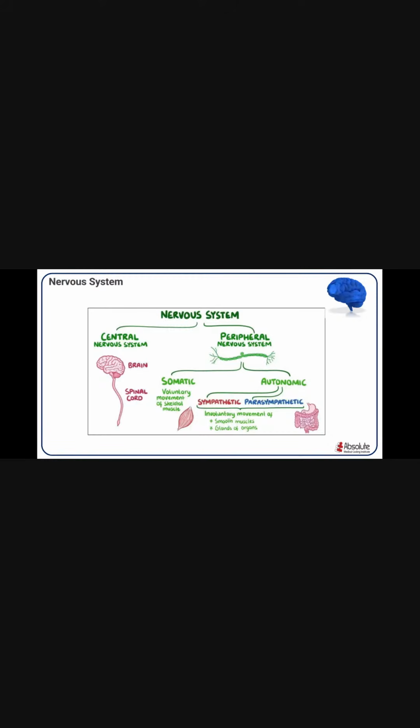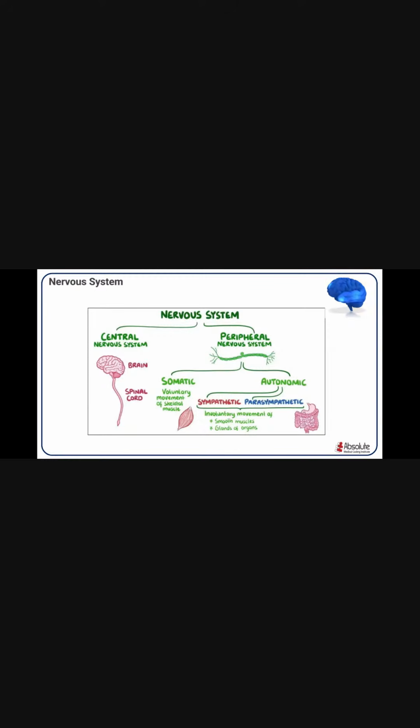Today, most of our procedures fall under the peripheral nervous system, which is everything outside the brain and your spinal cord. Think of it as a communication network that carries signals back and forth. Now, the peripheral system is further divided into two parts.